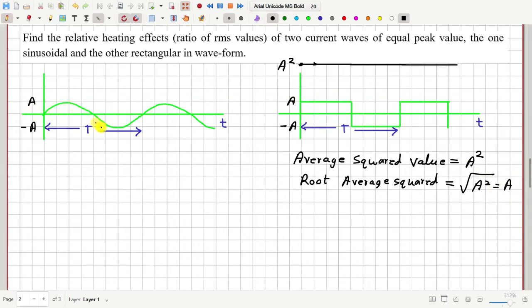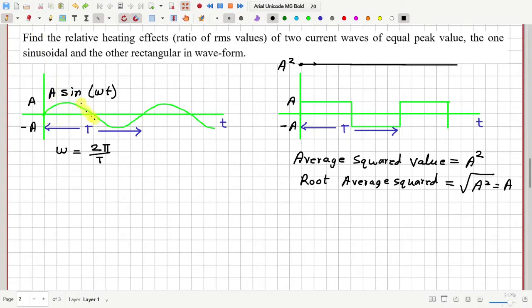Now here this function is sinusoidal. Let me write it as A sine omega t, where omega is equal to 2 pi by T, that is the angular frequency, where T is this time period.